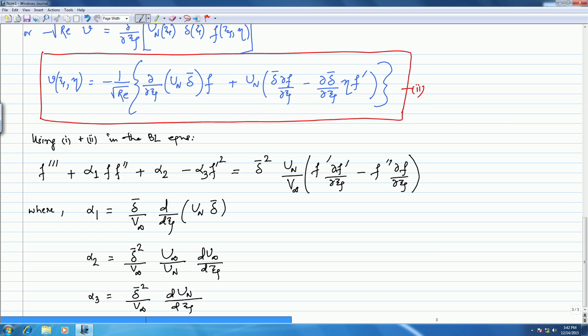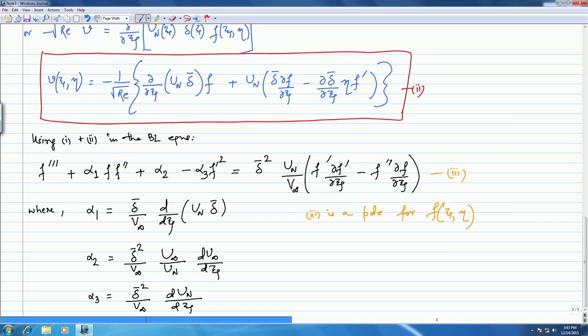Once we get this, I'm going to call this equation 3, and as you can see, it is a partial differential equation in f of zeta eta. So 3 is a PDE for f.